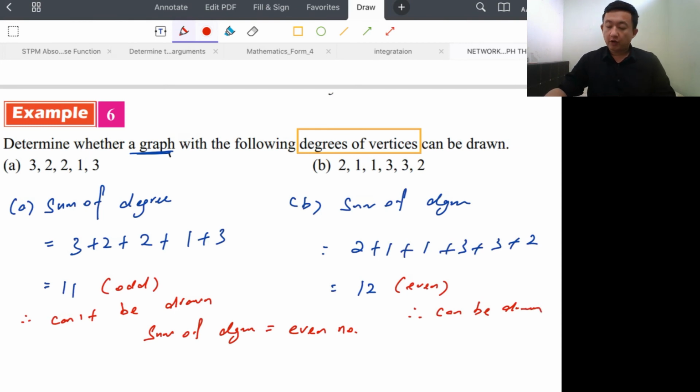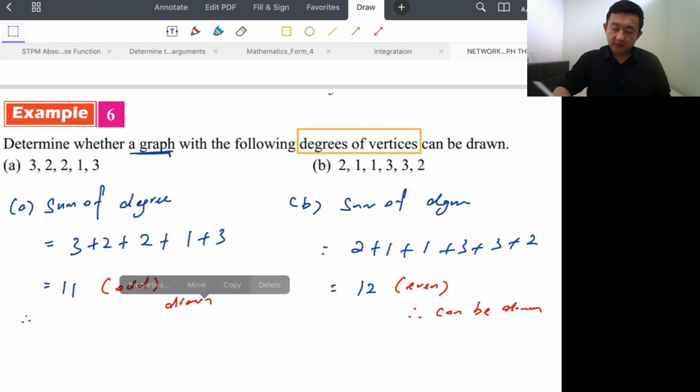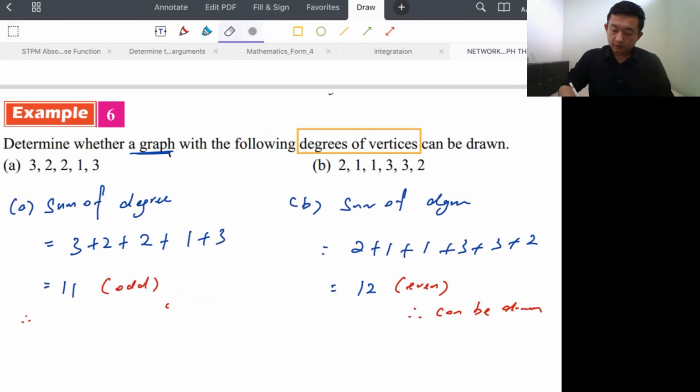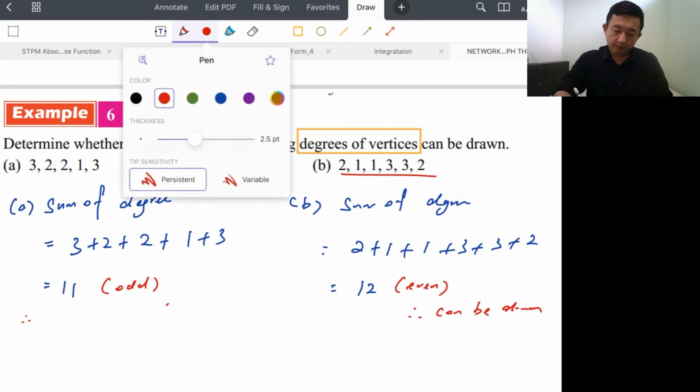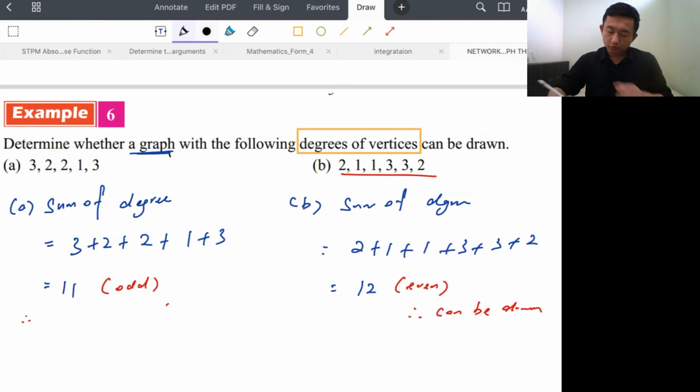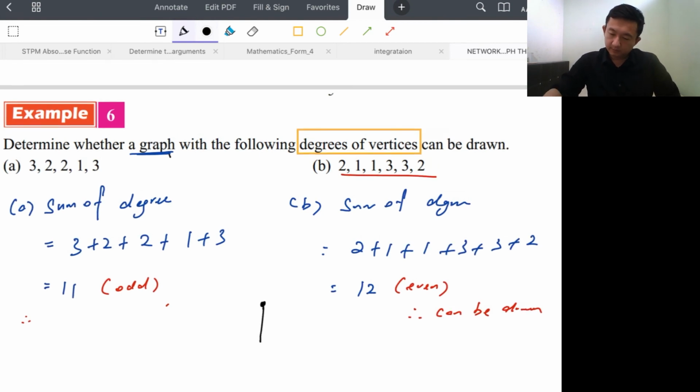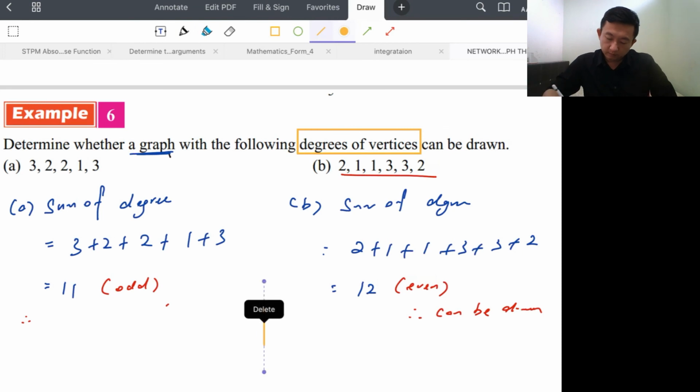But if you want to know how to draw it, I'll show you how. Given the degrees of vertices 2, 1, 1, 3, 3, 2, this is how you can form it. I will make a square first.